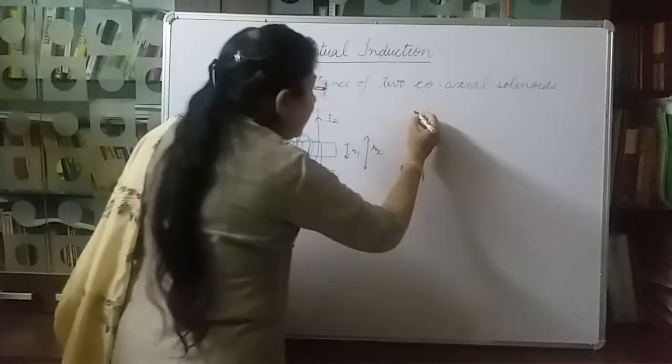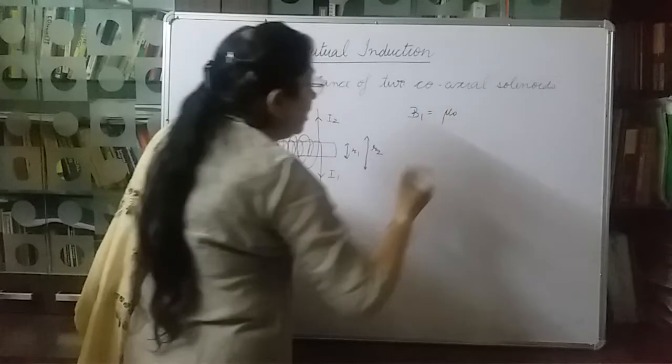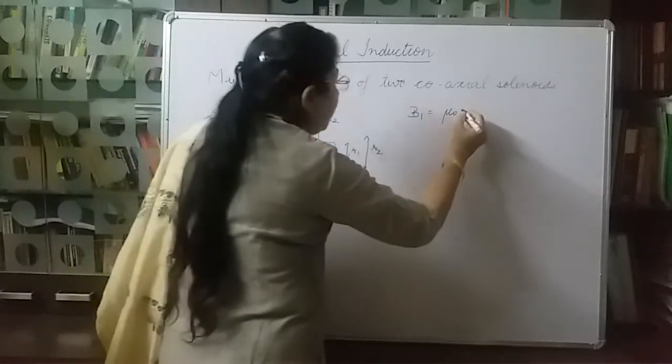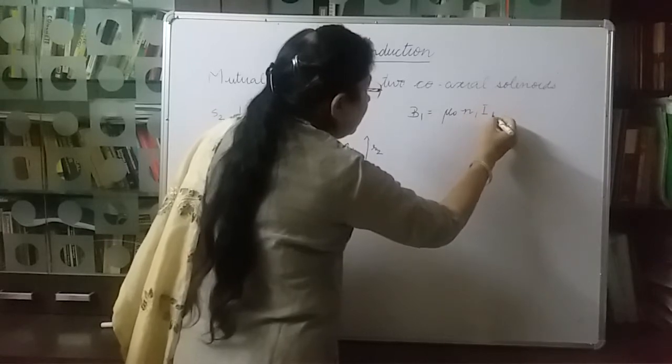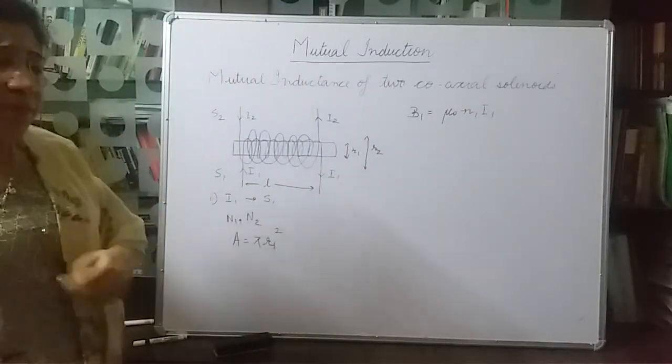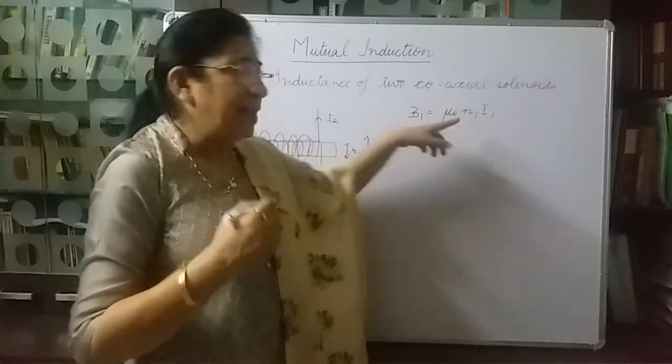Let us find first the magnetic field due to S1. You remember from the last unit, the magnetic field of a solenoid is given by the relation mu naught n1 I1, where small n1 is the number of turns per unit length.